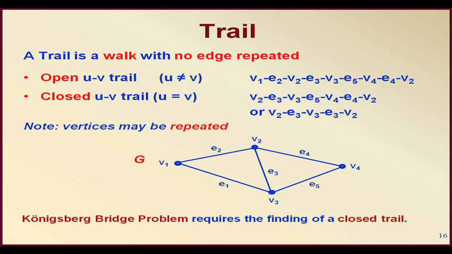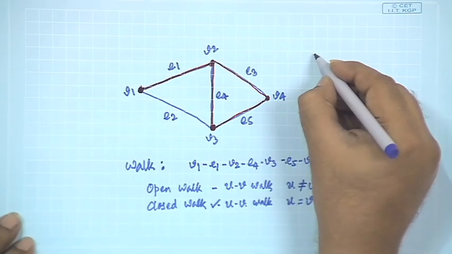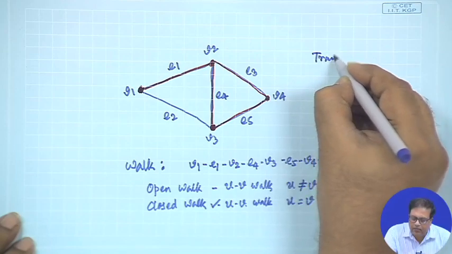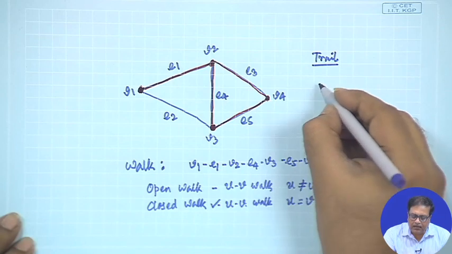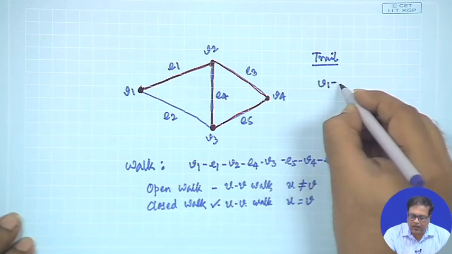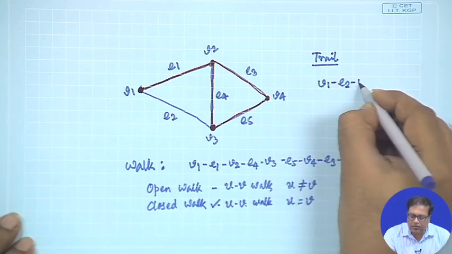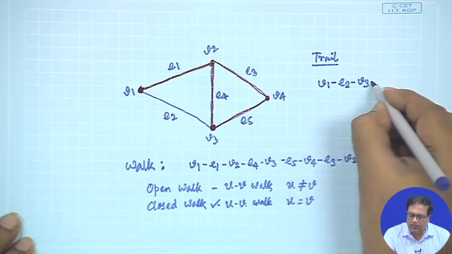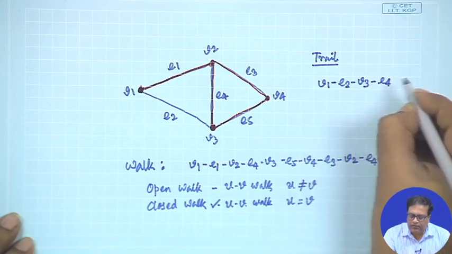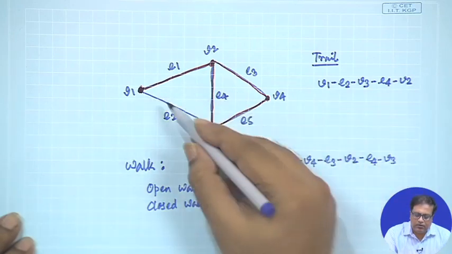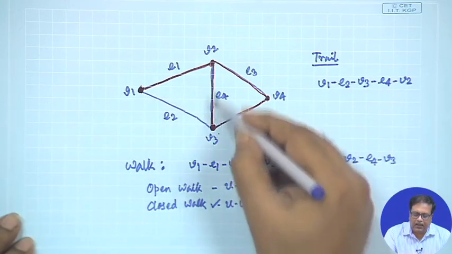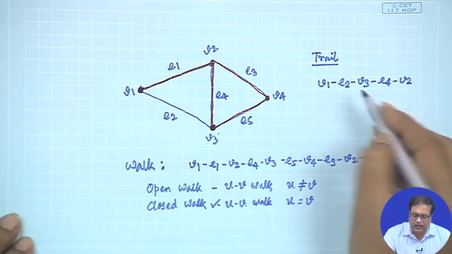So let us look at some trails. One trail could be V1, E2, V3, E4, V2. That is a trail.